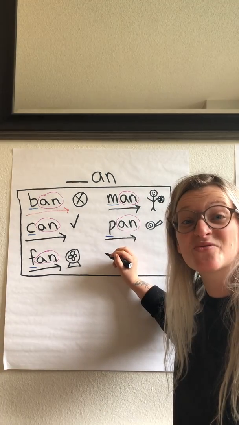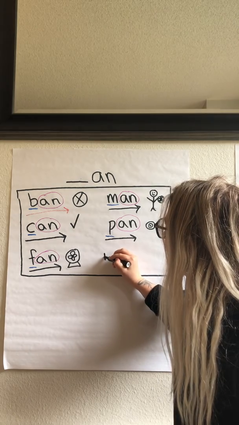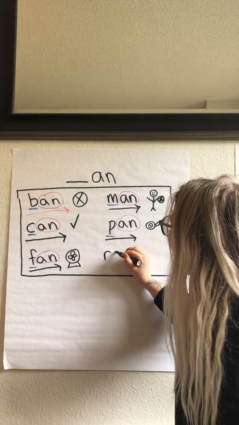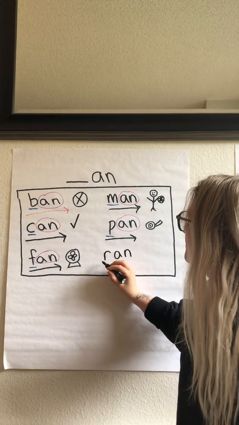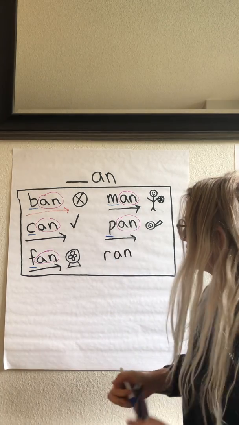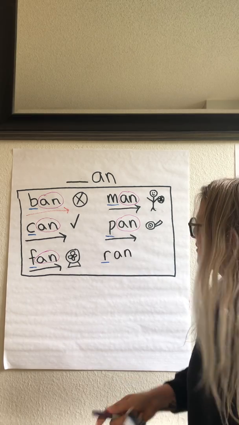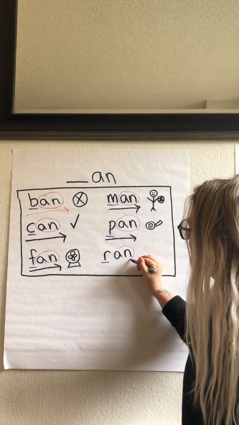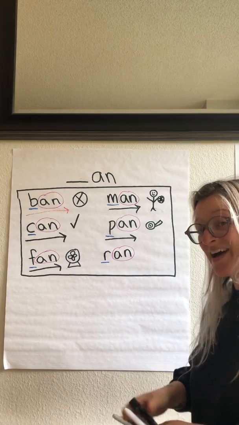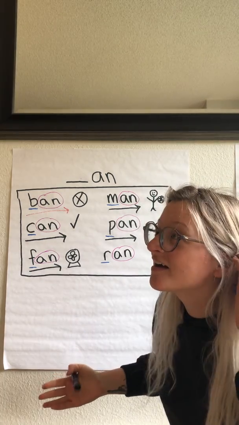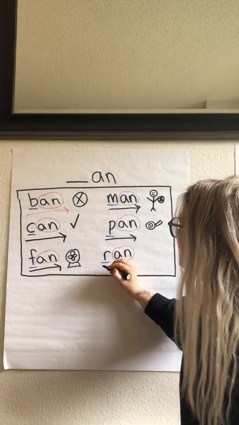That's right, R makes the R sound. R, an, ran. So our first sound is R, because it's the letter R. And our word family, again, as we know, is "an." And when you put that all together, what word does it make? Ran. Awesome. Ran.